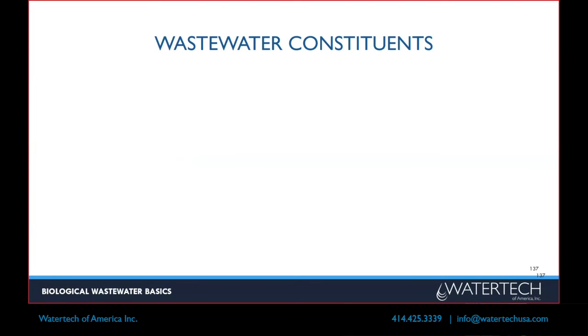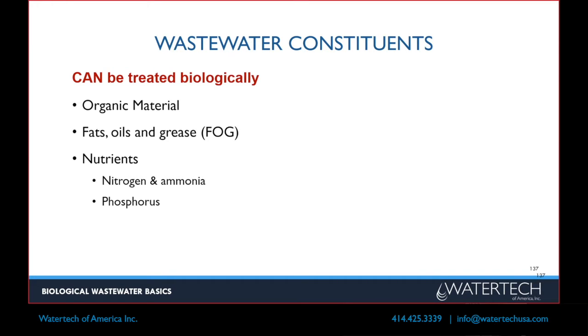Cool. So as we look at wastewater constituents, what's in wastewater? What can be treated biologically is mostly organic material. Fats, oils, and greases can be, but too much FOG is going to be toxic to the biology of a wastewater system. Nutrients as well.